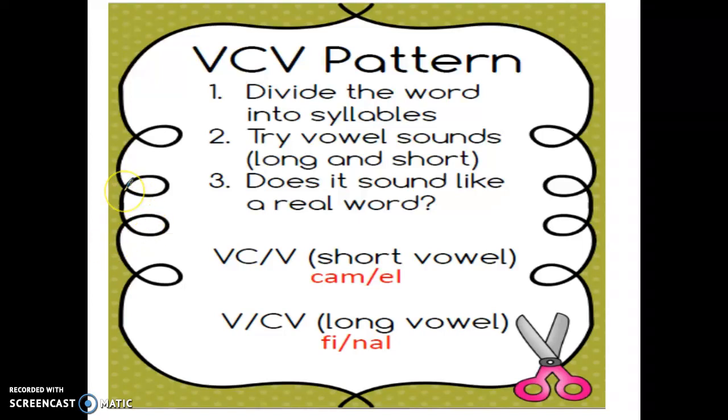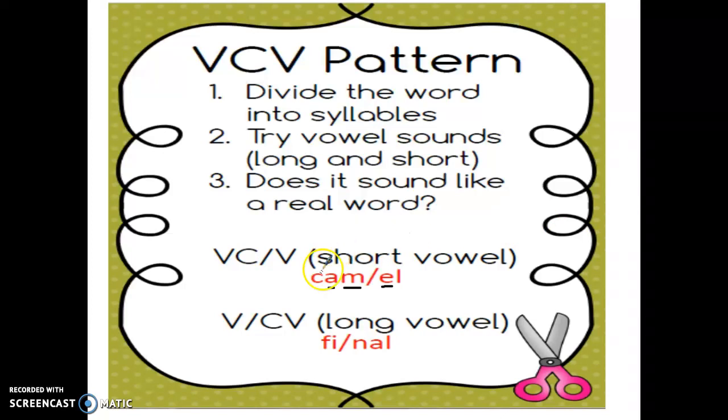So basically what you need to know is when you're trying to sound out a word that's unfamiliar, if you can figure out where to break the word apart, where to break it into syllables, whenever you can break the word apart like camel here, notice when we break the word apart, we have a vowel followed by a consonant followed by a vowel.